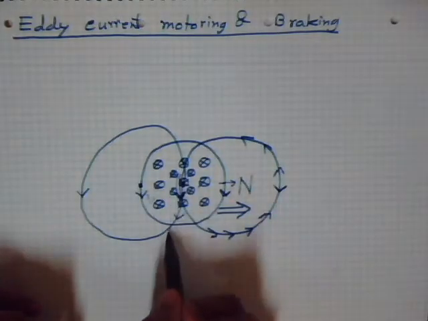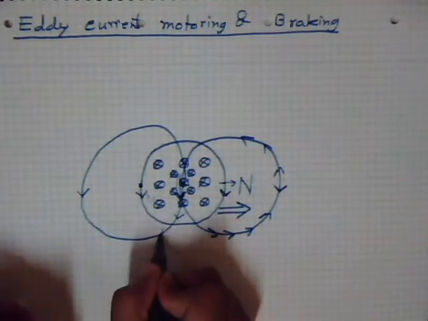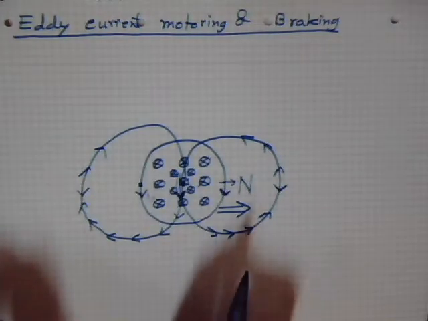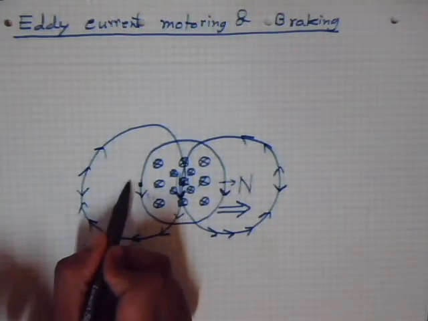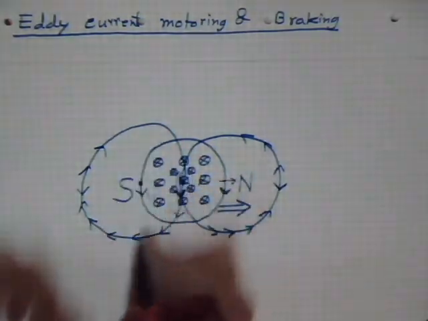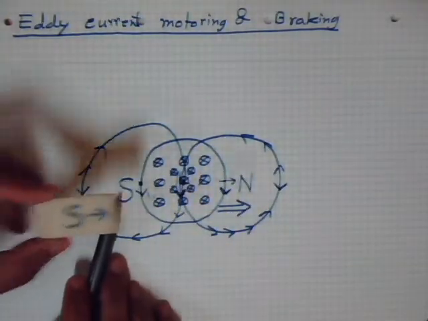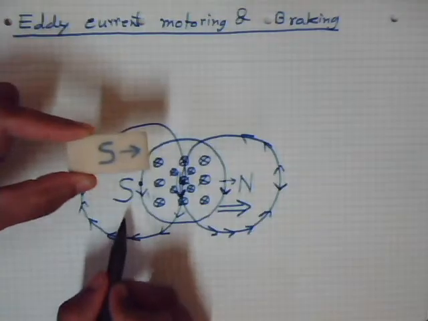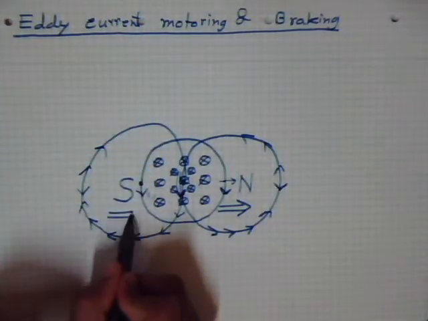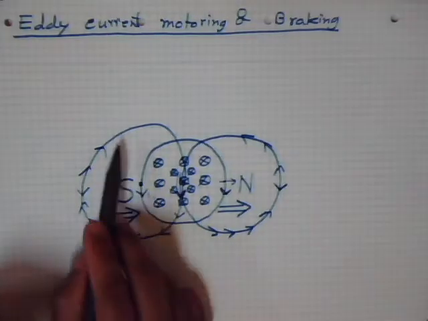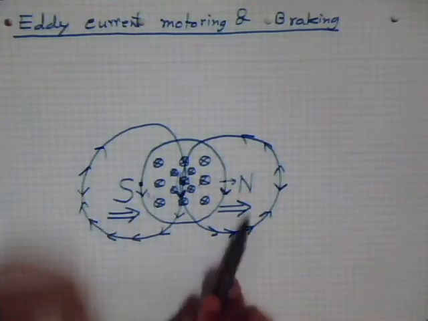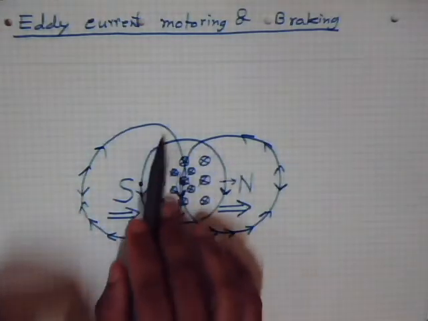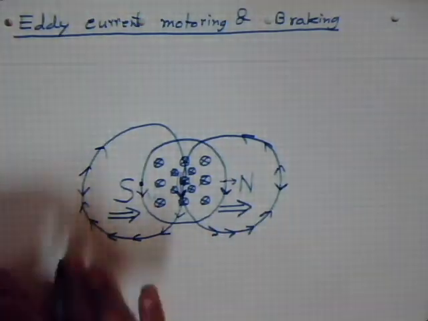So the resultant EMF along this circuit will try to drive a current in clockwise direction, which means it will generate a south pole here, and this south pole will be attracted by the north pole directly under this magnet. So in effect there will be a resultant force acting towards the right on this circuit. Both these forces are towards the right, so the net force seems to be towards the right on this metal sheet.